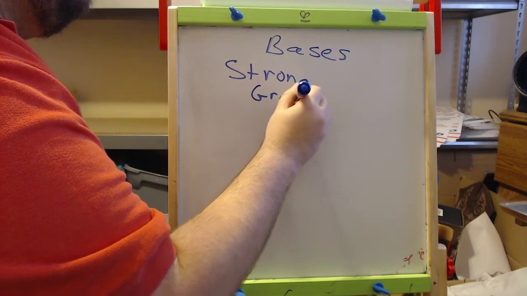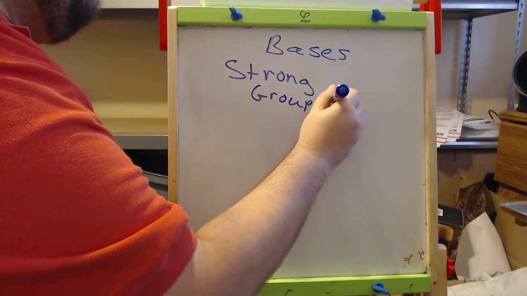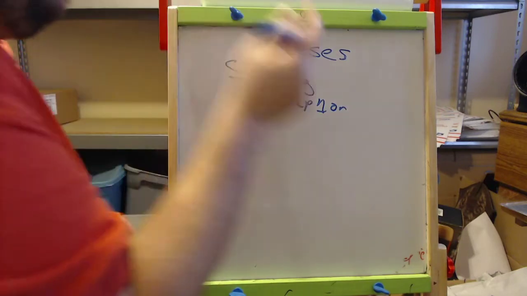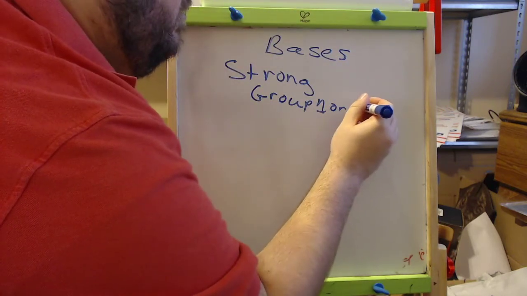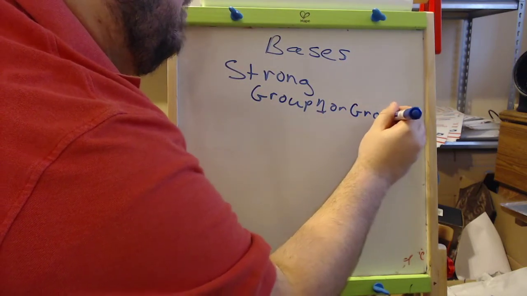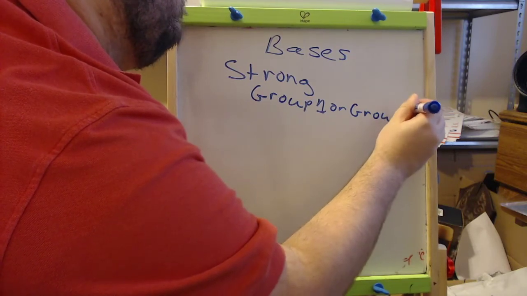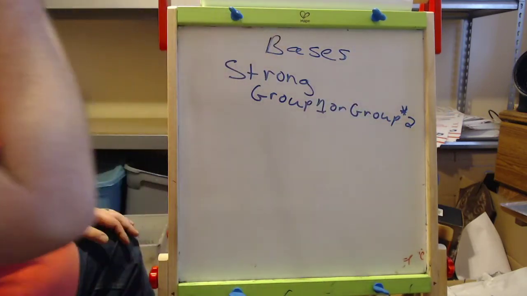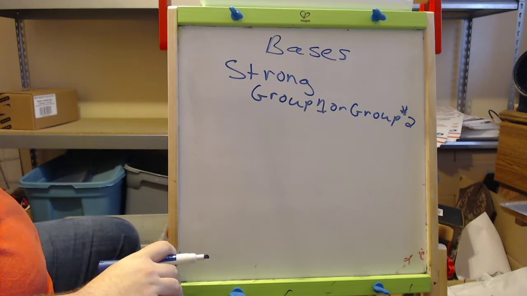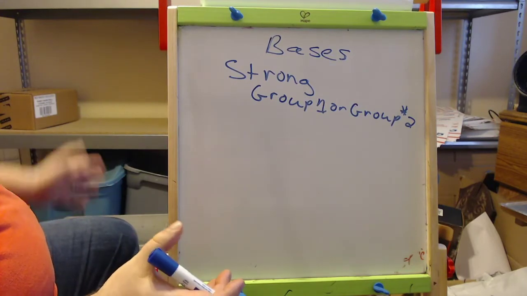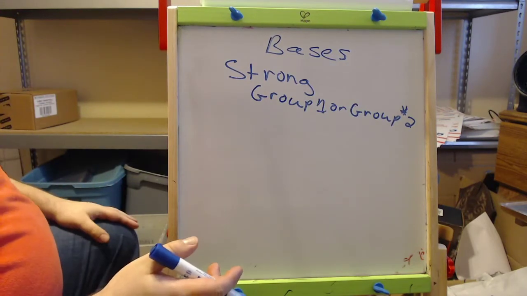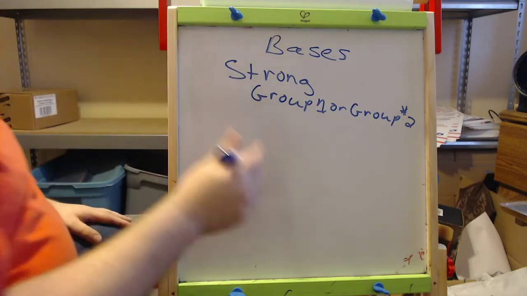Group 1 or group 2. Some group 2s don't work, but the majority of group 2, starting at calcium and below, work. Even magnesium works, but there are little exceptions in there.